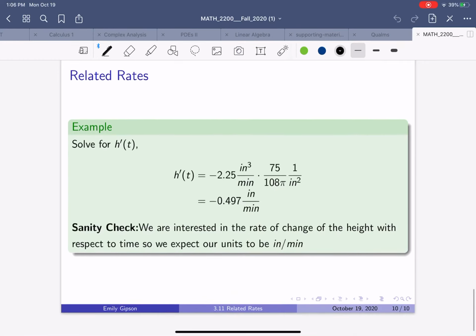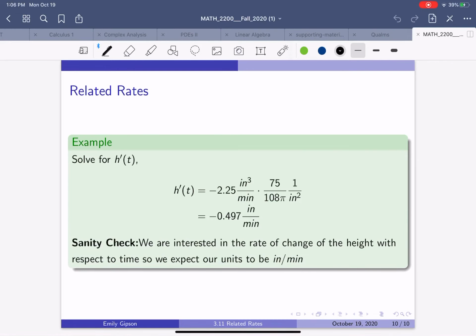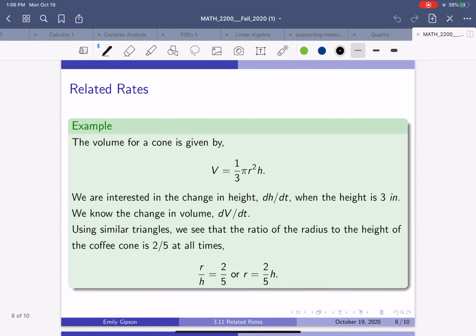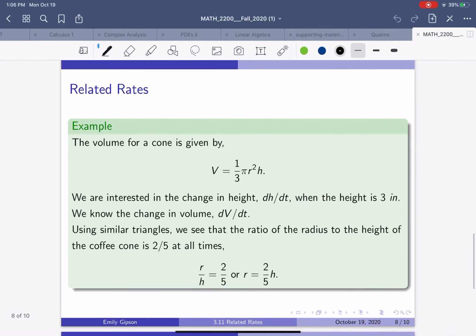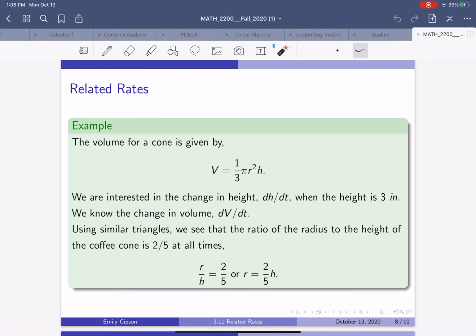Now, you might be wondering, how did I know to bring in that second equation and use similar triangles? And I say this next part, take it with a grain of salt. When I look at my expression, V equals 1/3 pi r squared h, and I want to take the derivative of this, if I take my derivative of this quantity just as it is, I'm going to end up having to use the product rule and having to know something about the time rate of change of the radius.